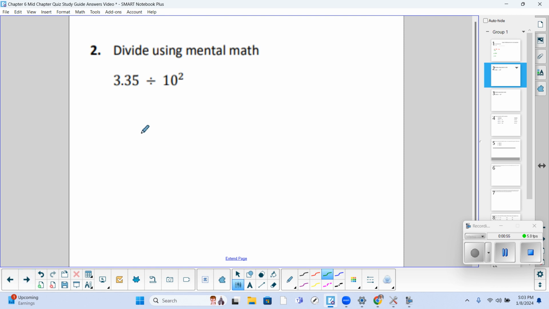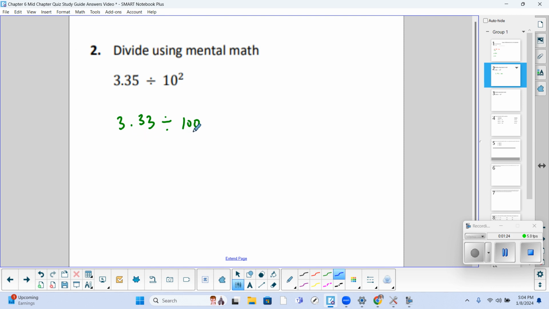So for number 2, we are dividing 3.35 by 10 to the second power. That's the same as 3.35 divided by 10 squared, and 10 times 10 is 100. Once again, we're getting smaller because we're dividing by 100, and it's a power of 10.